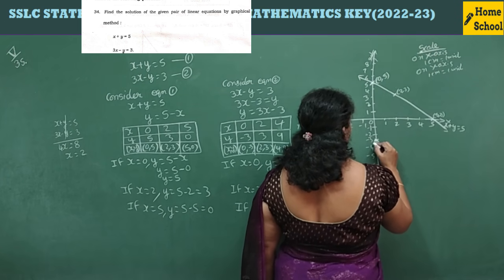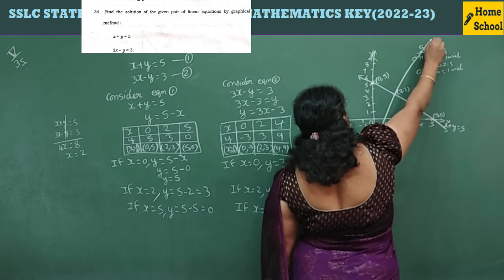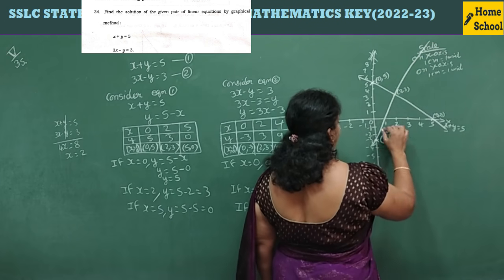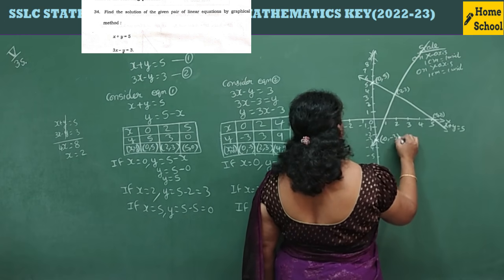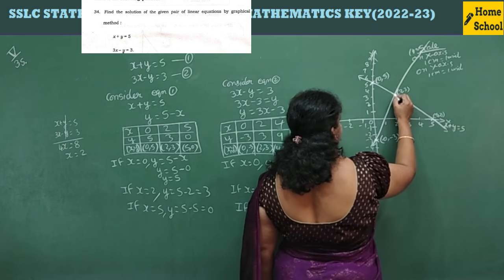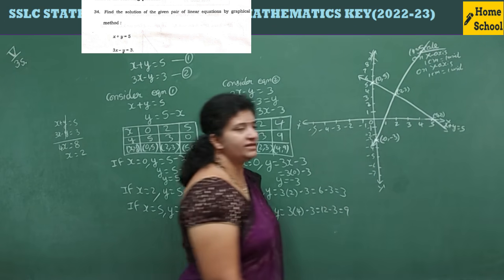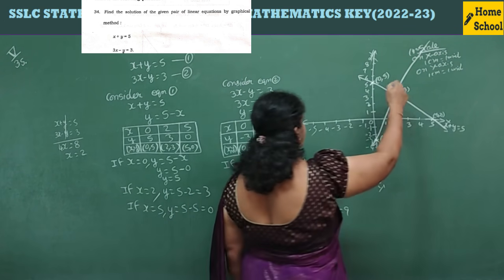Okay. So take a scale and then join in the same manner. This is 0, minus 3, 2, 3 and this is 4, 9. See where these two lines are intersecting. Okay, is anything still pending on this line?